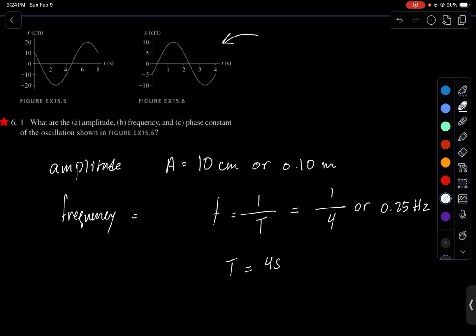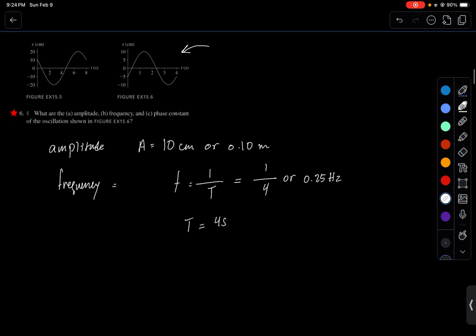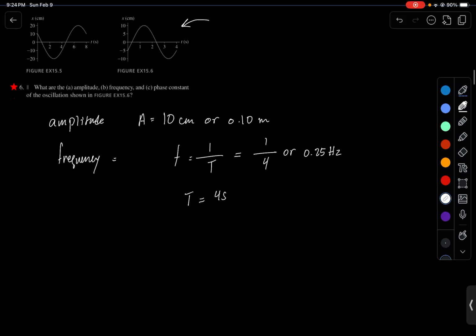Now it asks us for the phase constant. For the phase constant, we need to remember the equation of position as a function of time, which is x(t) equals amplitude times cosine of omega t plus phase constant. At time 0 seconds, based on the graph, x is located at minus 5 centimeters or minus 0.05 meter.